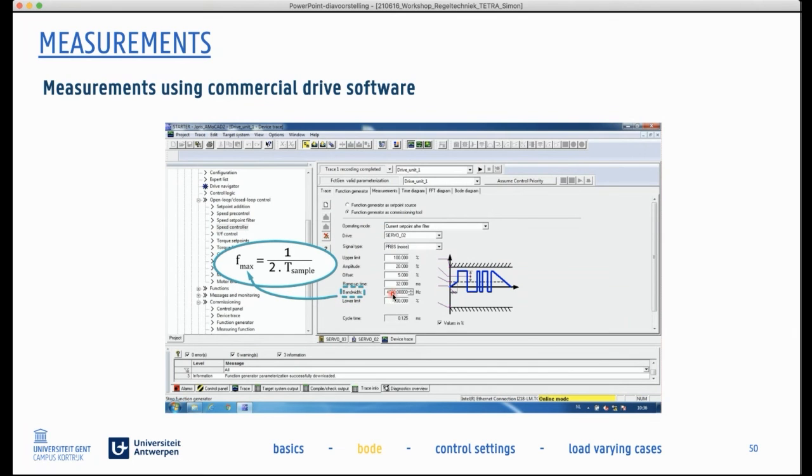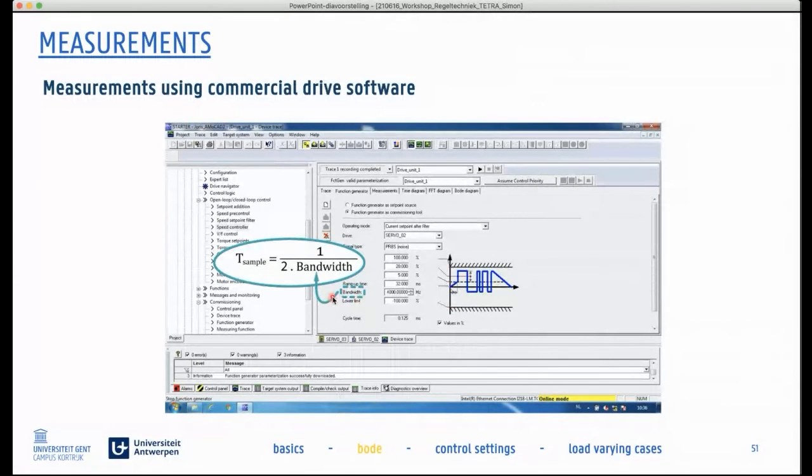You put in the good bandwidth there. You also have to put in the good amplitude, so that your system is excited enough, but not too much. You will see in the guide that it helps there. Sometimes it's also a bit trial and error. If you get a bad Bode characteristic, you might need to increase the amplitude, so you get higher power in, and your system identification is better.